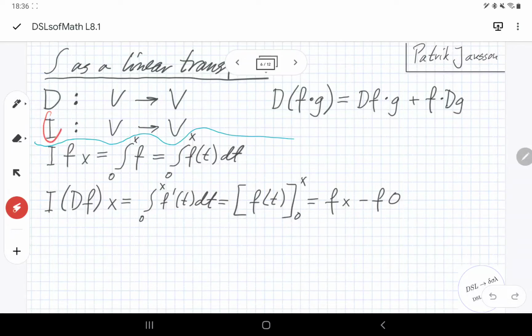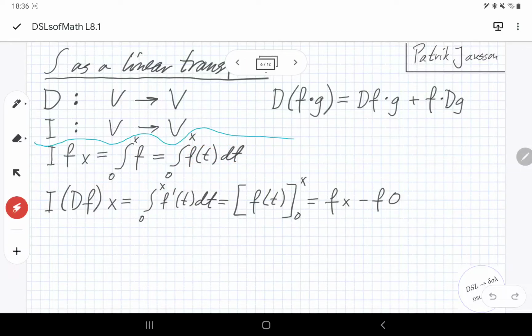So this I is a special integral from 0. It has the same type as D, so it goes from a vector space of functions to a vector space of functions. How do I define it? I of an f at the point x is the integral from 0 to x of that function f, or in more traditional math notation, the integral from 0 to x of f of t dt.